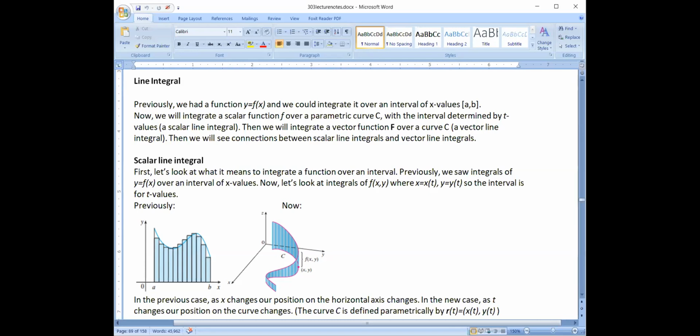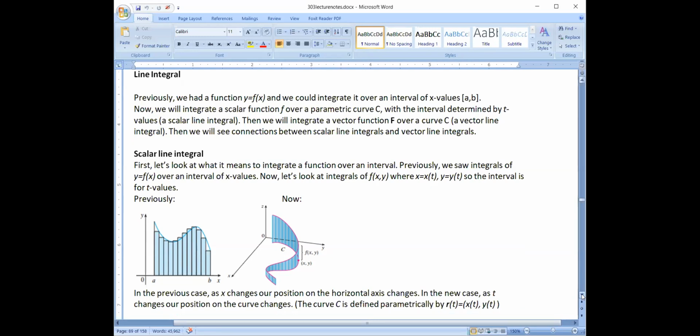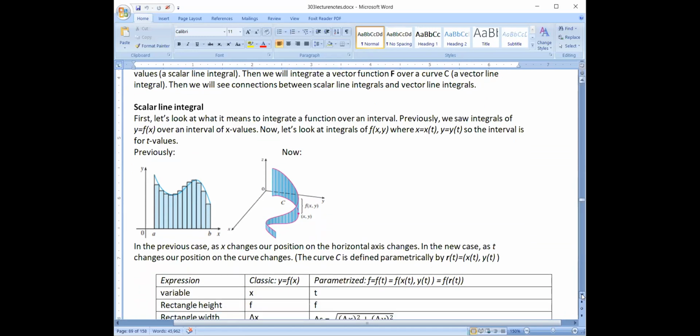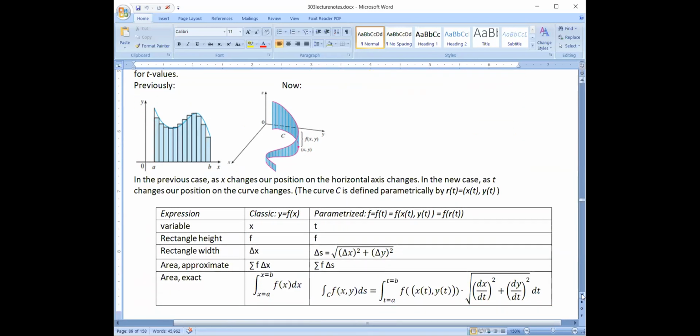And we could still imagine this area along the curve, being approximated by rectangles. And of course, our input parameter is t, so that's the variable that we can use to express the entire expression. Okay, so let's summarize all the changes and updates in this table.